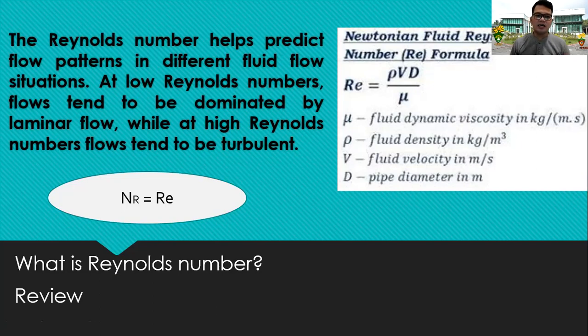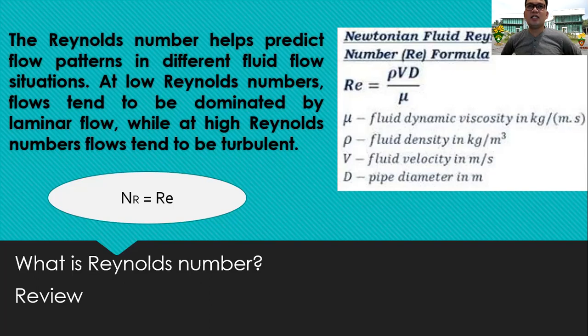At low Reynolds numbers, flow tends to be dominated by laminar flow, while at high Reynolds numbers, flows tend to be turbulent. In fluid mechanics, we learned that a high Reynolds number implies that the fluid flow is turbulent, and for the low one, we have learned that it is a laminar flow.